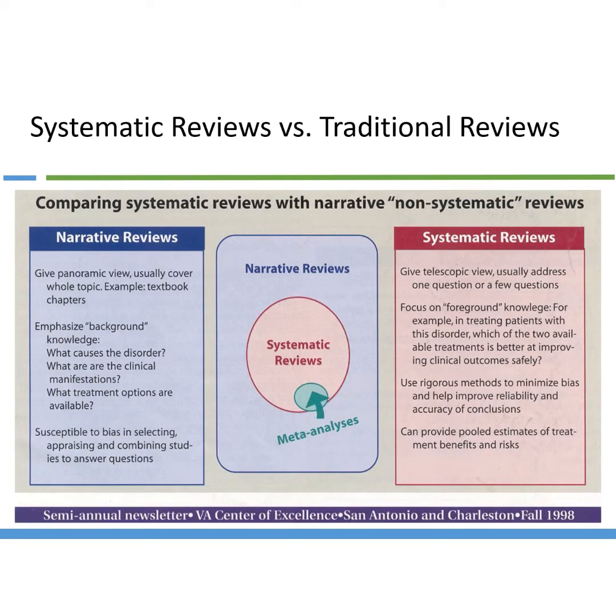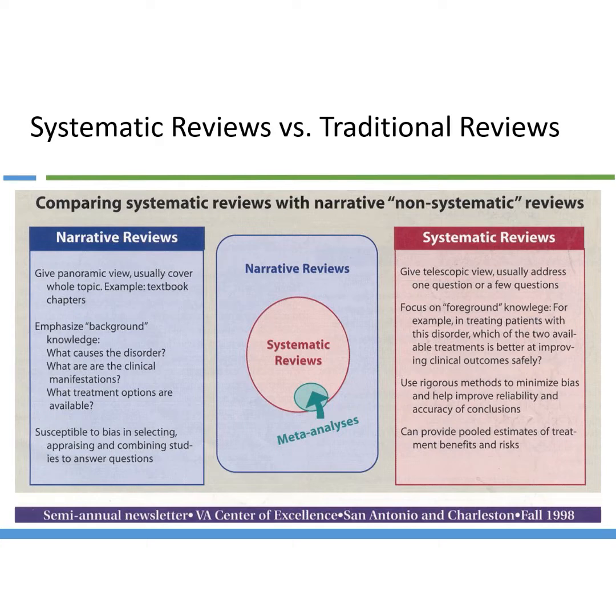So what's the difference between a systematic review and traditional reviews? Traditional reviews, which we sometimes call narrative reviews, give a panorama, or just an overview on the topic. It covers the topic in general, like a textbook, giving background information, some knowledge information, what is the disease, how we can manage it. It's susceptible to bias because of the selection process, and there is no quality assessment.